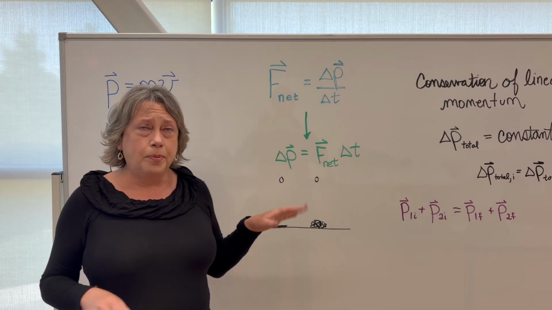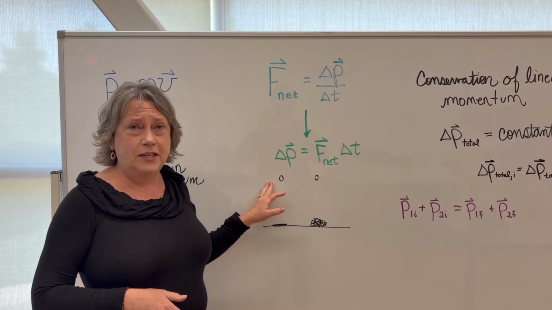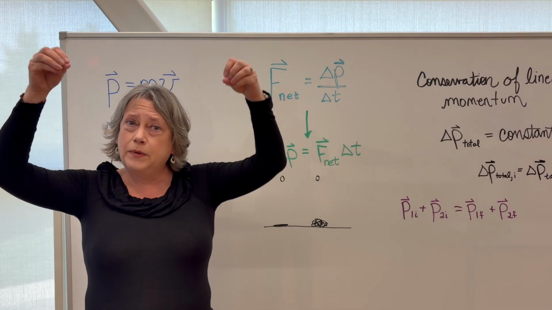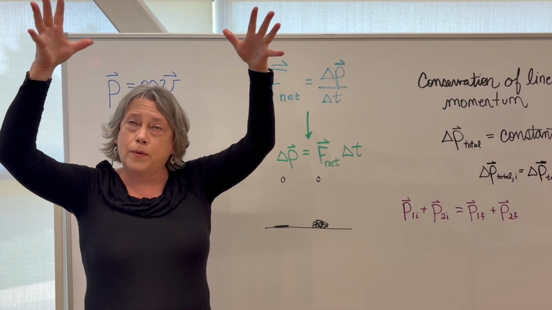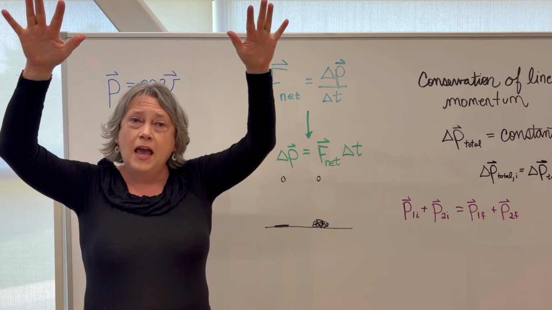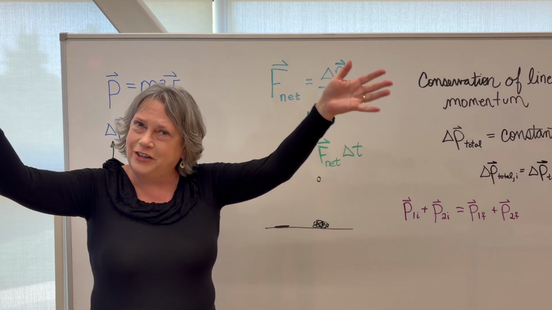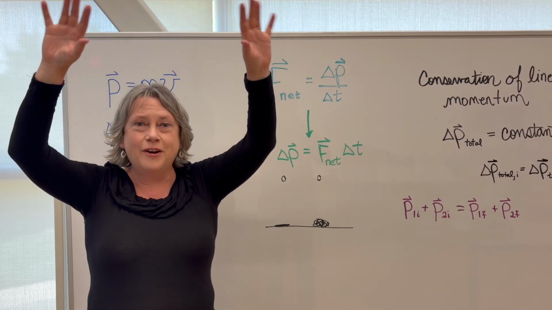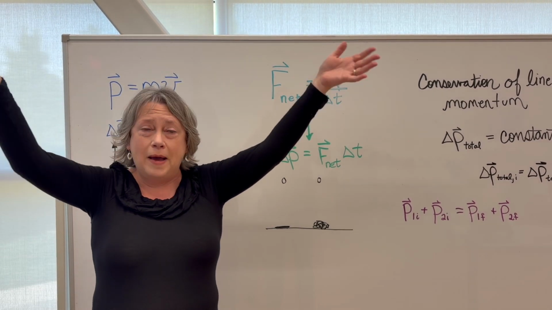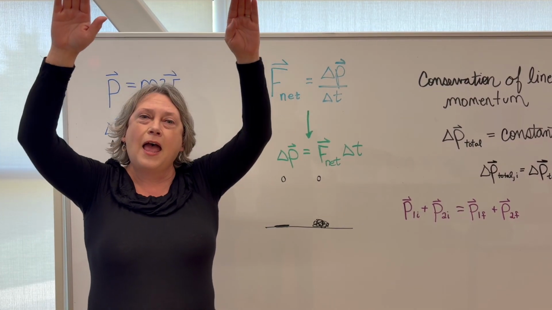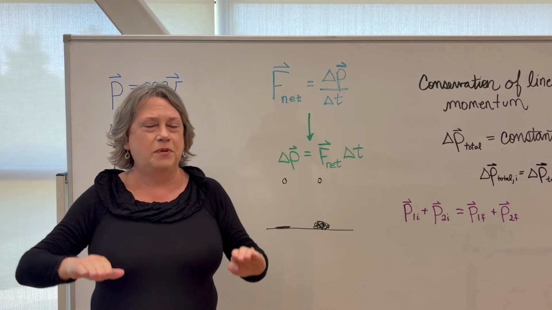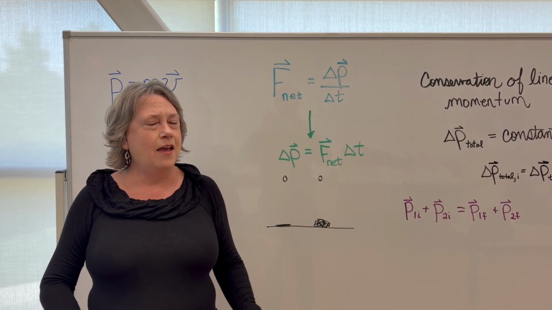If I drop, or when I drop, both of these raw eggs, they are going to be released from rest, so 0 velocity. They have potential energy, we'll remember from a previous chapter, and they're gonna have the same amount of potential energy. And as they fall, they lose potential, they gain kinetic.